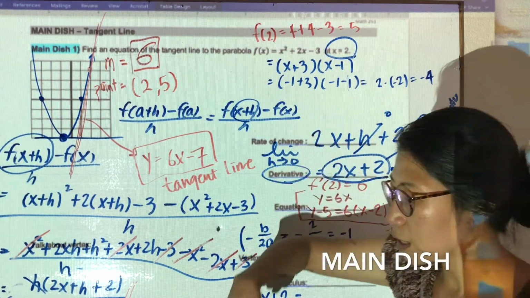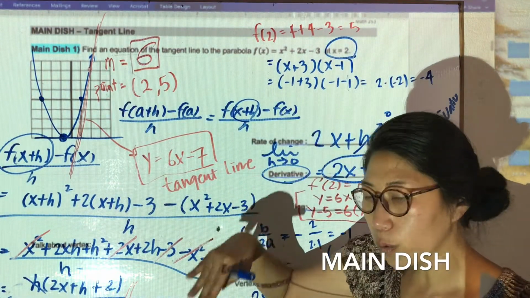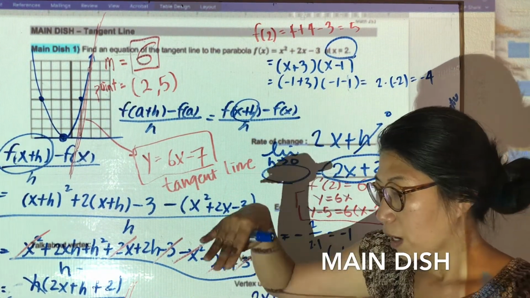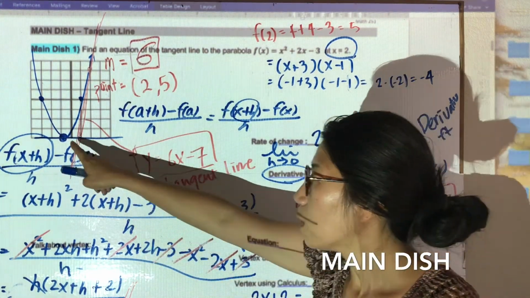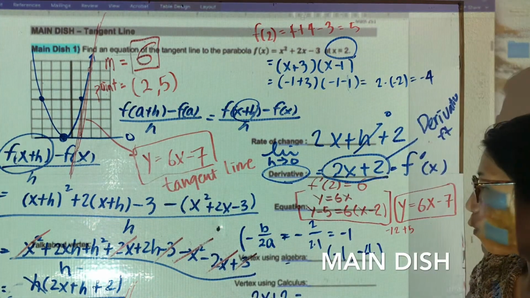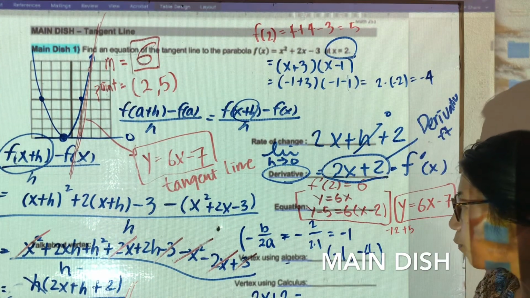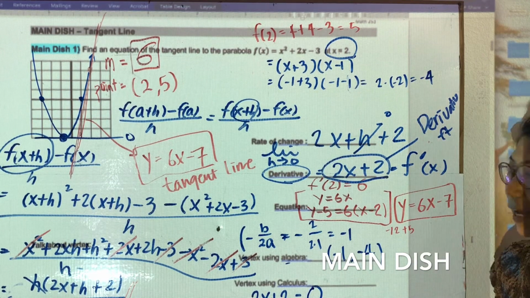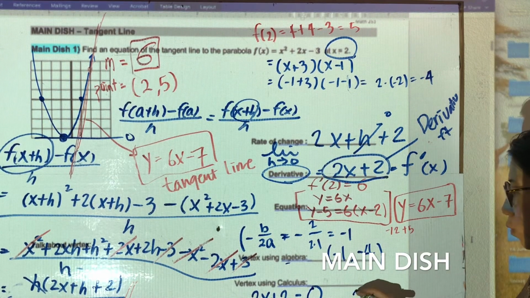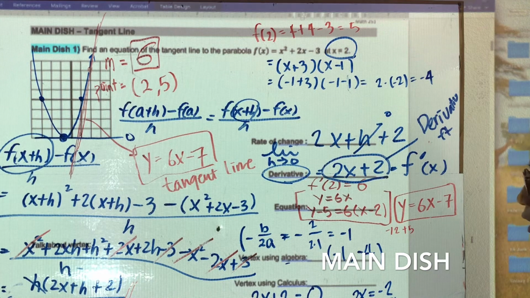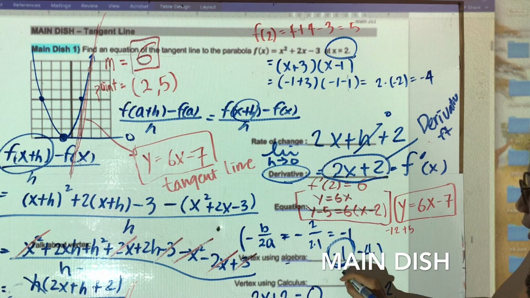Since it is the minimum point, the lowest point, the very bottom value, the bottom of the ocean, we say the slope is 0. That means I want to set my slope function, the derivative function, equal to 0. Can you solve for x here? 2x is equal to -2, so x is equal to -1. So I found my x value.